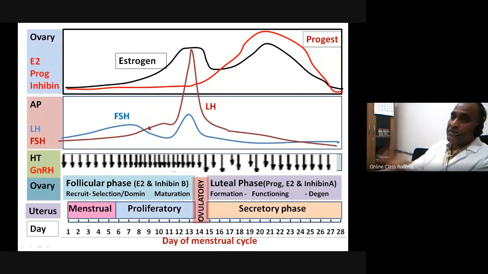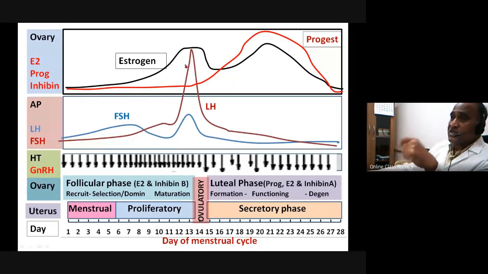With this negative feedback, only one Graafian follicle starts maturing, and this Graafian follicle secretes a large quantity of estrogen, and at this point it becomes a positive feedback. The negative feedback changes into a positive feedback, brought about by the GnRH pulses, and LH is secreted in high quantities.